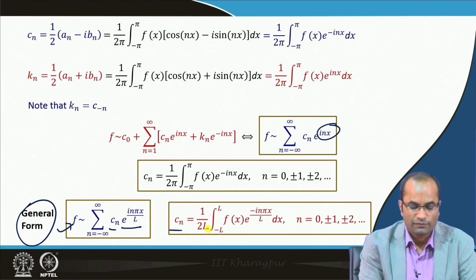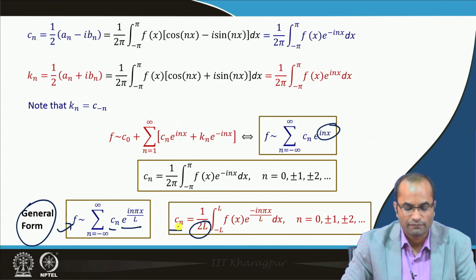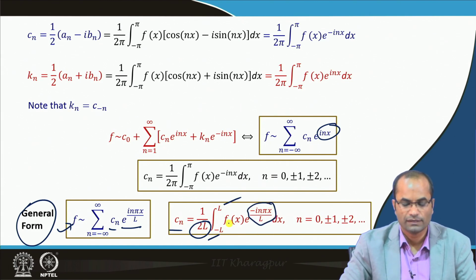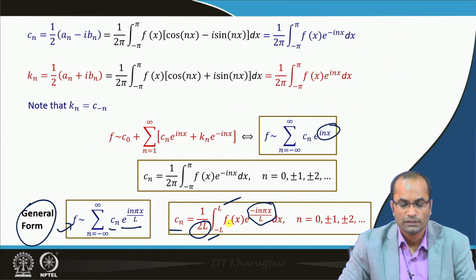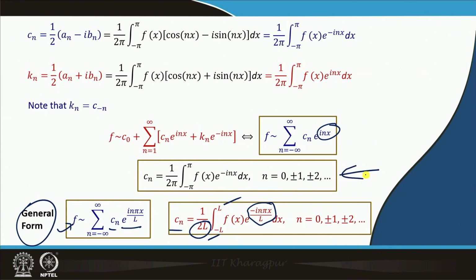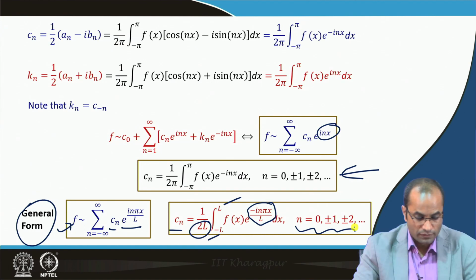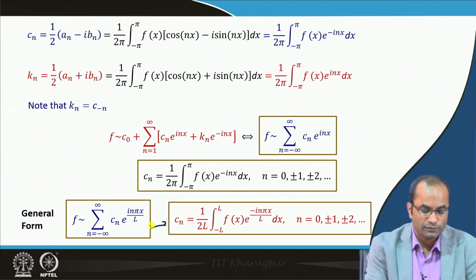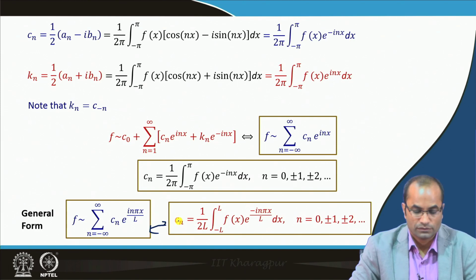And the c_n will have now, instead of pi, we have L there, with the integral from minus L to plus L of f(x), and again there will be a slight change here. Instead of i n x we have i n pi x over L dx, and when L is pi this will reduce to this standard form. So, that is the case always. Here n varies over all integers. So, this is the general form which we will use in one of the examples soon.